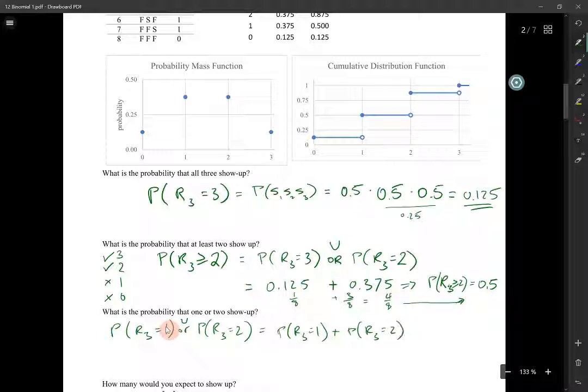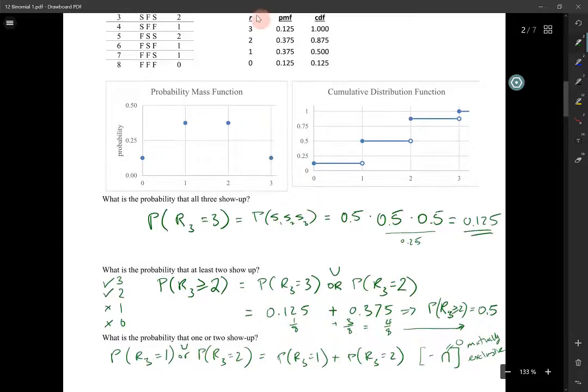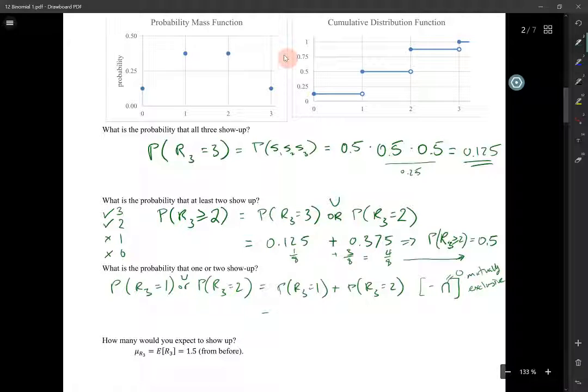They're mutually exclusive, so we do not need to subtract the intersection, because the intersection is 0. So we take the probability that R is 2, which is 0.375, and the probability that R is 1, same, 0.375, and we add them together.